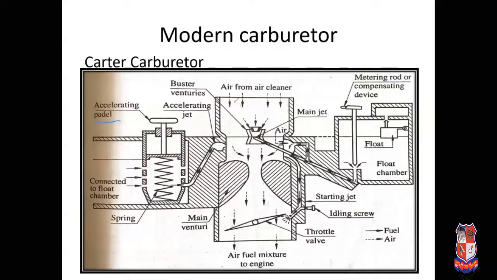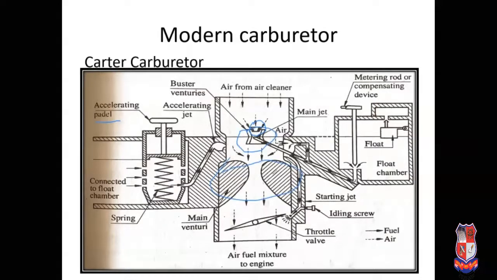The basic difference between the Carter and Solex is that in the Carter carburetor, three-stage Venturis are provided. This one is the primary Venturi, this is the secondary Venturi, and this one is the third Venturi.